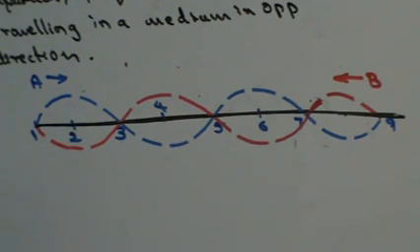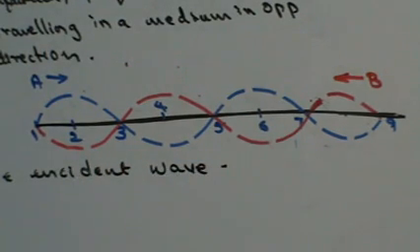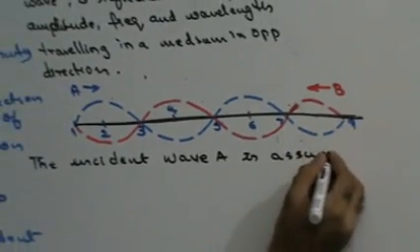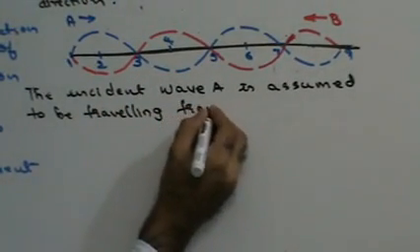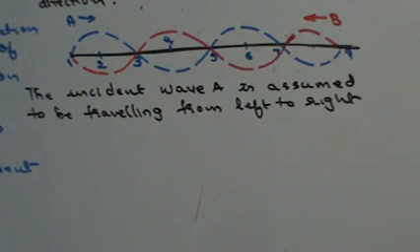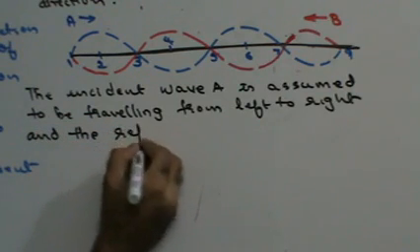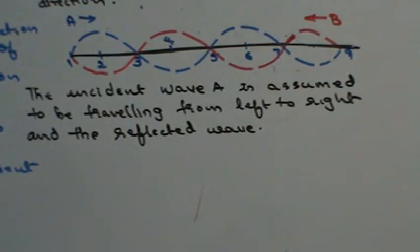I'll just write this down first. The incident wave is assumed to be traveling from left to right and the reflected wave travels from right to left.